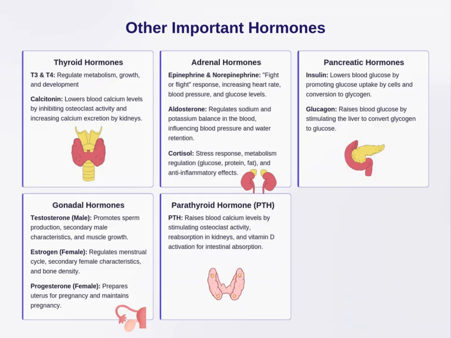Other important hormones: your thyroid secretes T3 and T4, which regulate metabolism, as well as calcitonin, which lowers blood calcium levels and increases it in the bone. So it takes calcium out of the blood and puts it into the bone. Adrenal hormones. Actually, let me go back.